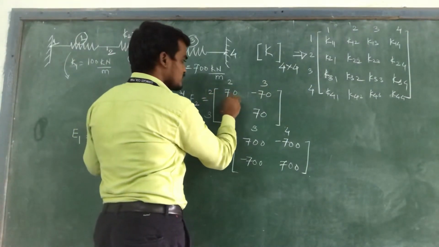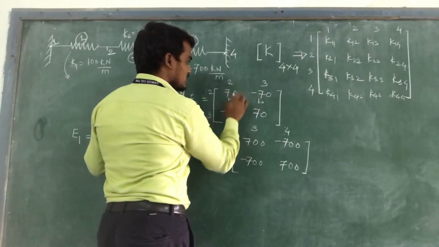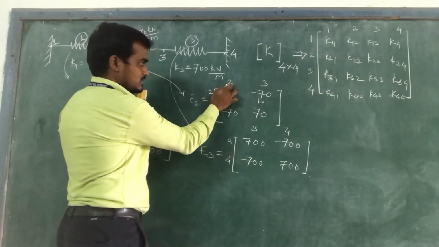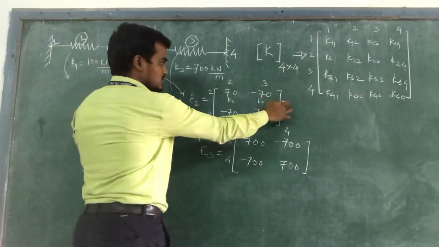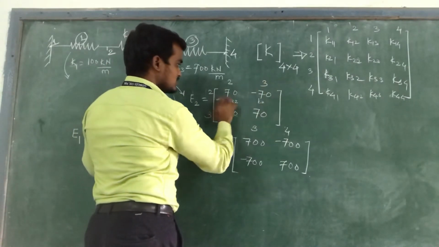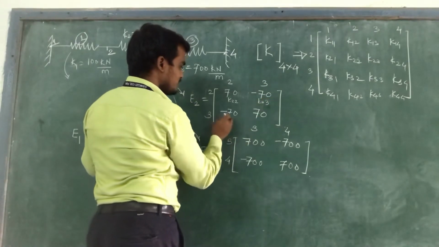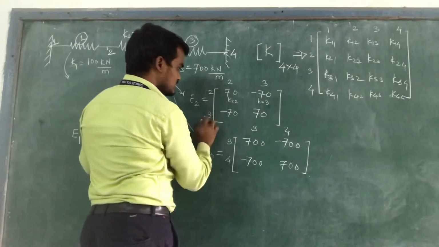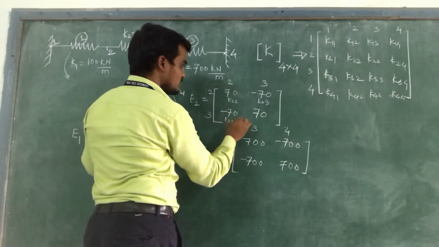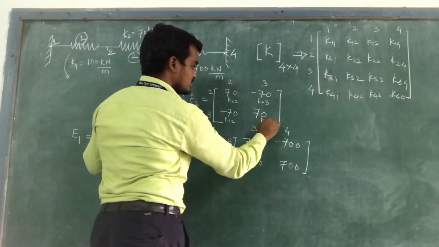So this is the second row, second column, so this element will become K22. This is your second row, third column, so this will become K23. Then finally, third row, second column, so it will become K32. Third row, third column, so it will become K33.